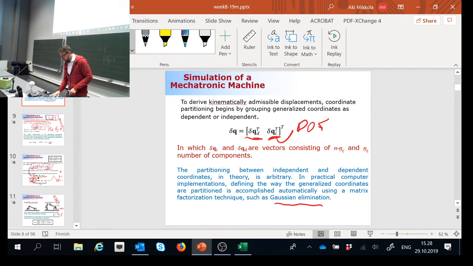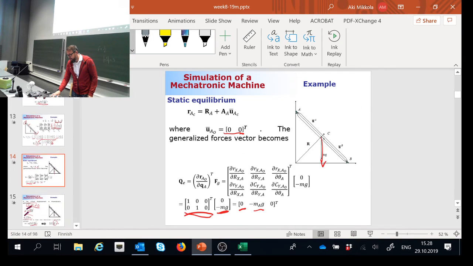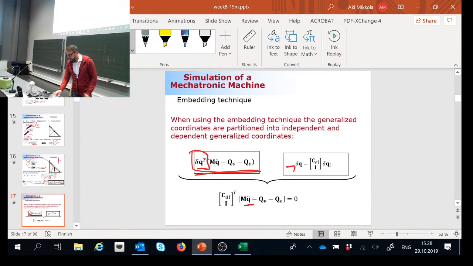Okay. All right, so I was about to explain this last thing that we need to do. We need to use the coordinate partitioning at the acceleration level.